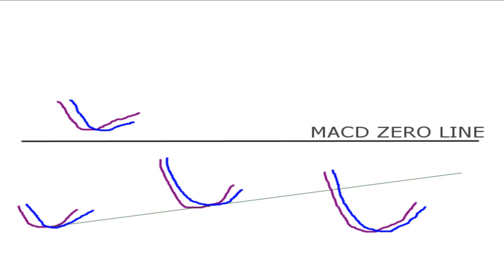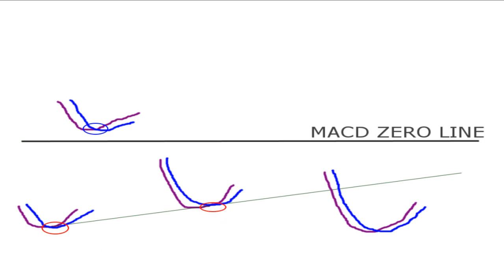A crossover is more meaningful when it is above the zero line of the MACD. So if you have a crossover and the MACD lines are trading above zero, that is a more reliable signal as opposed to a crossover that could take place, for example, when the MACDs are trading below the zero line.